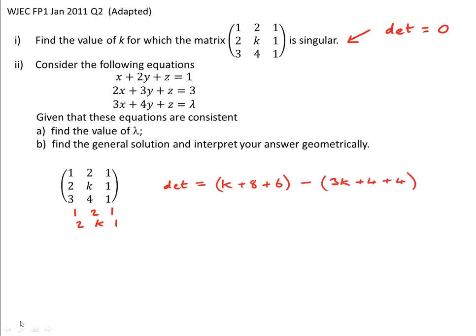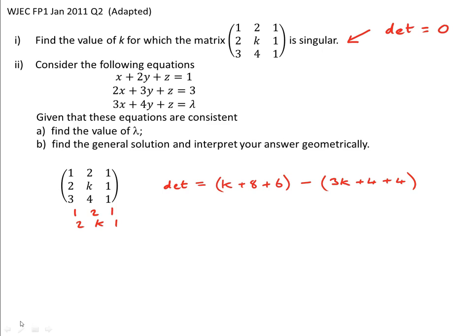And then we have to take away the terms we get by going down the diagonals from top right to bottom left. Going from top right to bottom left, we've got 1 times k times 3, which is 3k. We've got 1 times 4 times 1, which is just 4, and we've got 1 times 2 times 2, which is another 4.